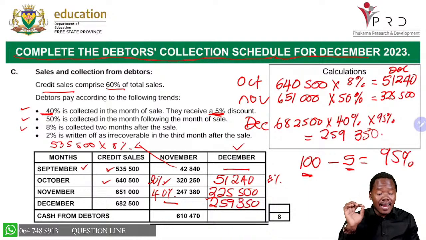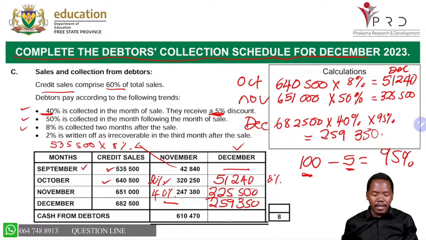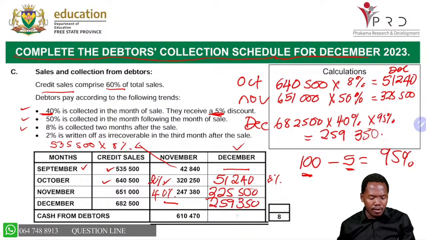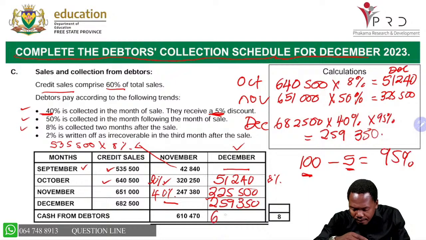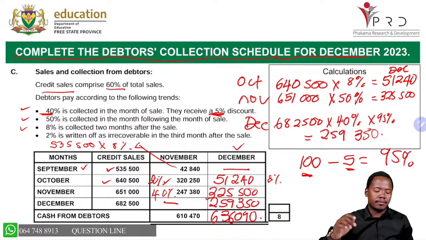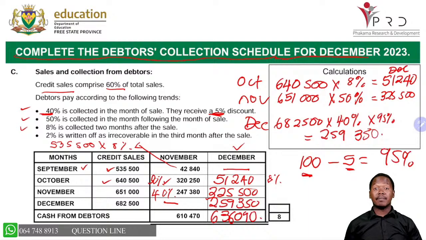Remember, for you to get the last mark, you should have added all of these. So now, I'm saying 51,240 plus 325,500 plus 259,350. Then we get 636,090. Okay, so that becomes our collection for December.